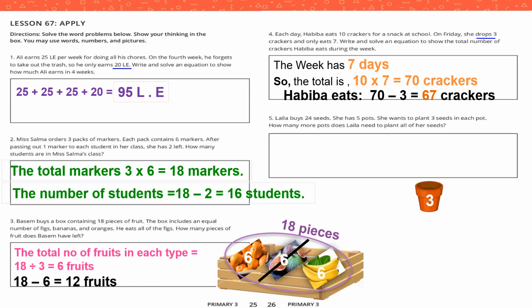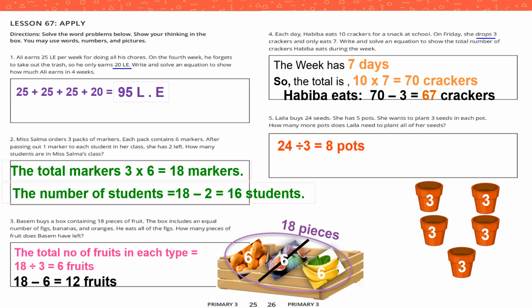So we will find here our pots. Each pot contains 3. We have 5 pots only. So she will put 3 in each pot. So she needs what?